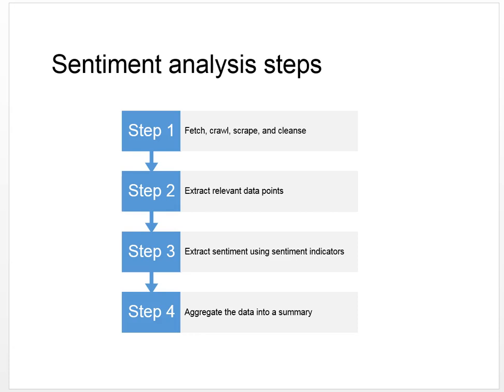Then you extract the relevant data points. So you pull out the phrases and the comments that are most relevant to your brand, and then you extract sentiment using sentiment indicators. They typically are keywords and key phrases, and then you aggregate the data in a summary. So essentially you say X number of positive, X number of neutral, X number of negative. What you're hoping for, depending on what you're looking at, is probably more positive than negative.